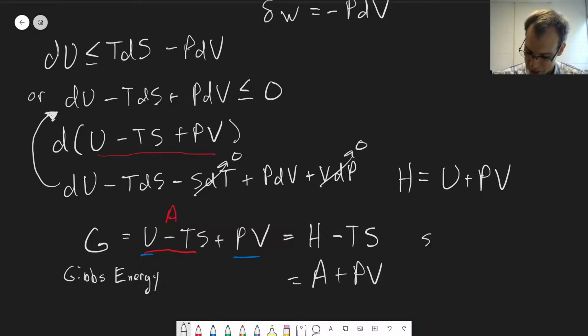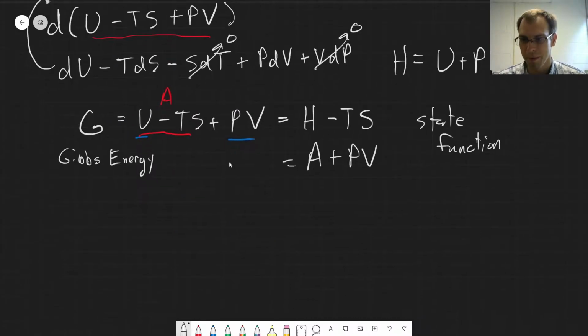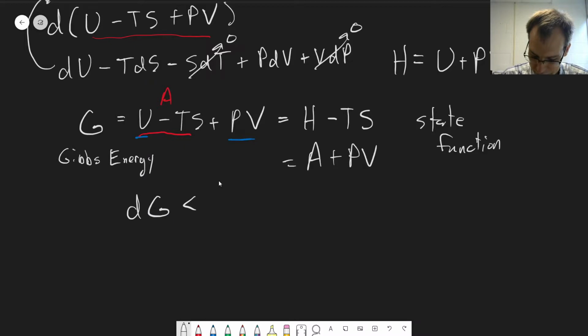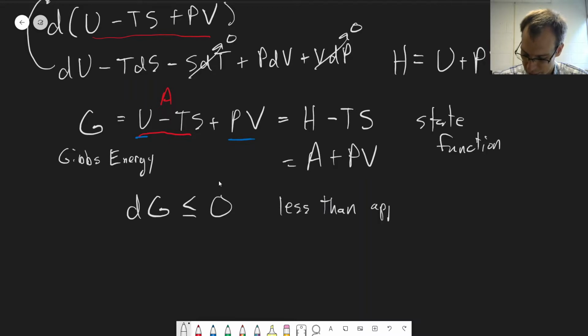So again, we have a state function, and the ultimate result is that we've included the second law here, and we can say that the change in G has to be less than or equal to 0. And that tells us again, for a constant temperature and pressure process, that the less than applies to a spontaneous process.